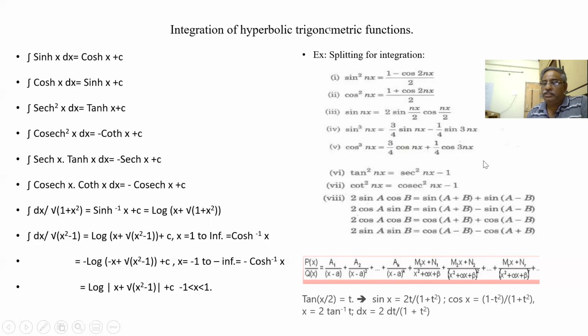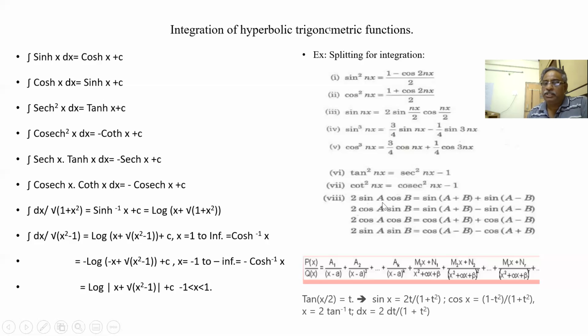So this is my standard trigonometric expansion. If it is in the product form, I cannot integrate. In this form, I can easily integrate. So we have to convert them into an integrable form. How will we write this? Suppose the 2 is not there, here automatically 2 will come.